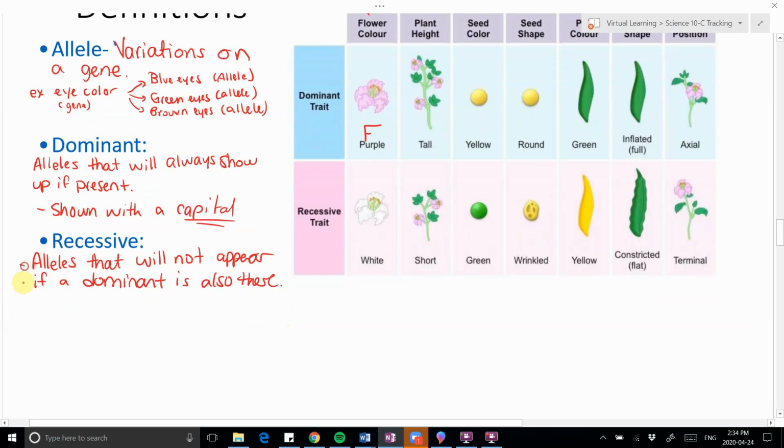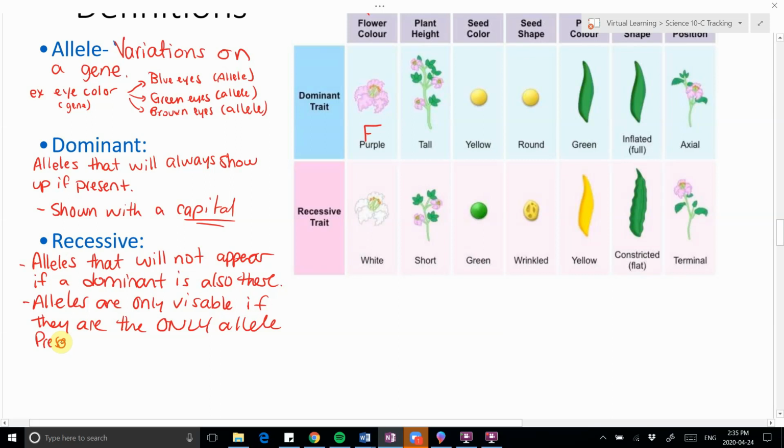So we can also say that recessive alleles are only visible if they are the only allele present. And we show them with a lowercase. So an example of flower color, if capital F is my dominant trait, lowercase f would be my recessive trait.